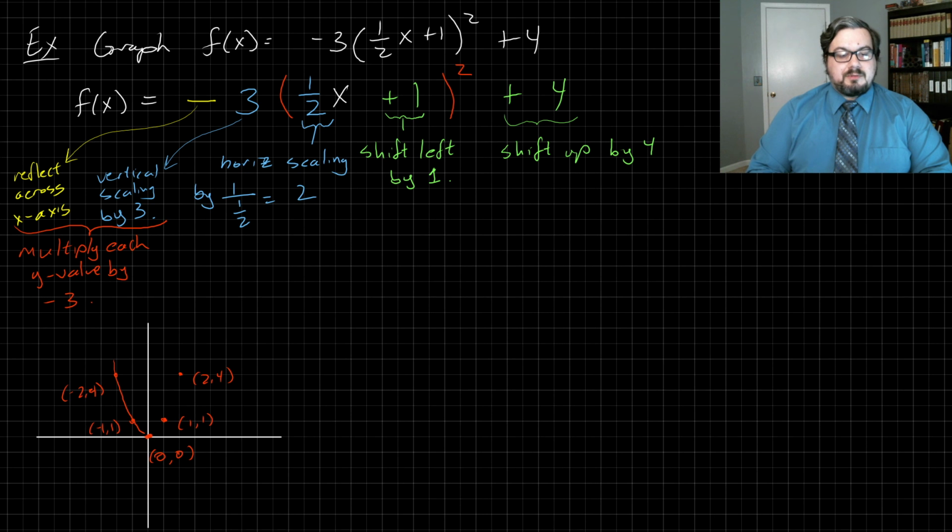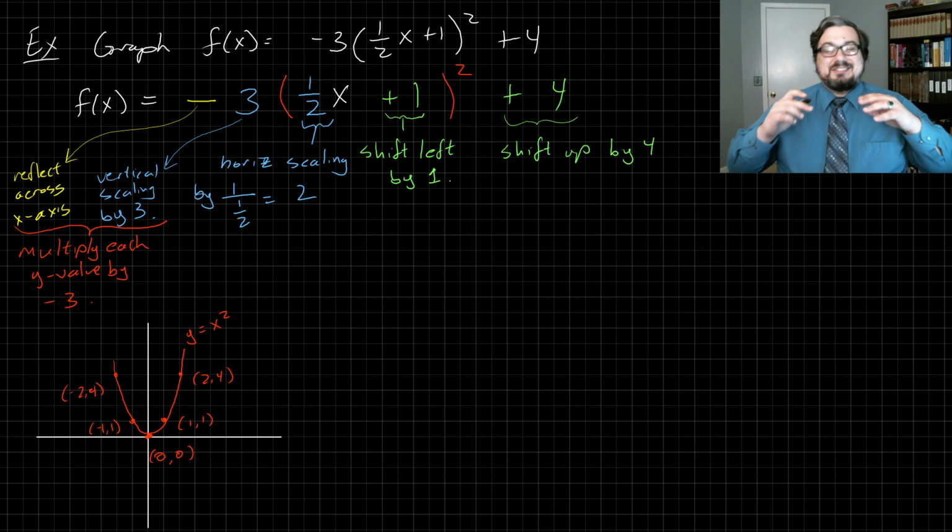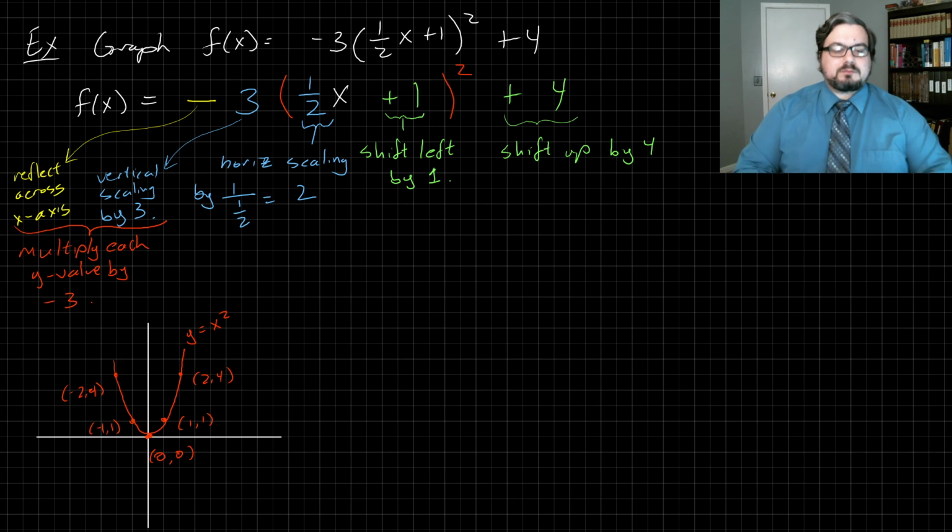Here's our original function, y equals x squared. So now let's go ahead and do some of these transformations. And of course, we don't want to do all of these transformations at once. We want to do them in steps. In fact, we're going to do a few of these. And when we have so many of these transformations, what I'll usually do is do 1 or 2 translations on a single set of axes and then move over to a new one. Otherwise, things just get really messy.